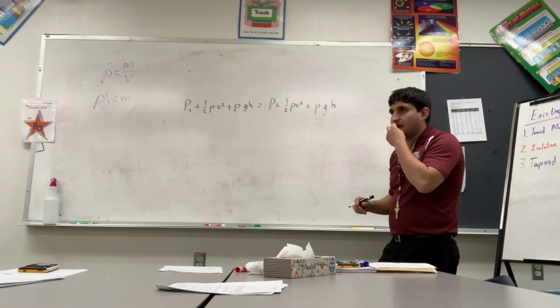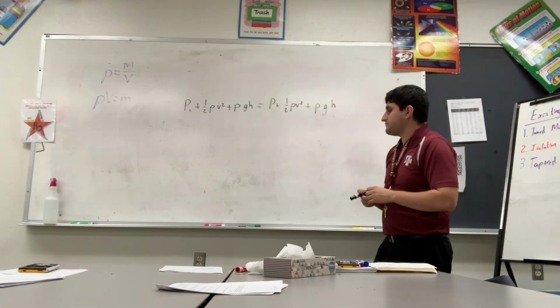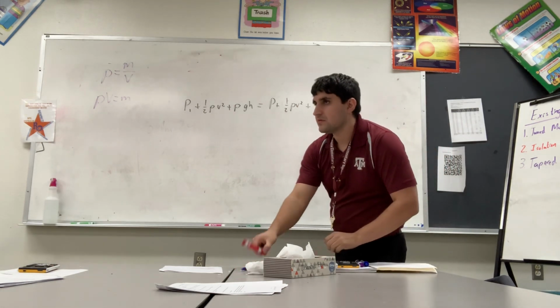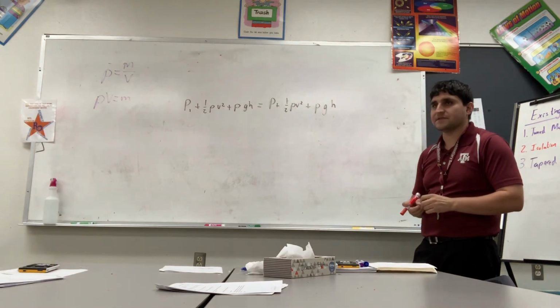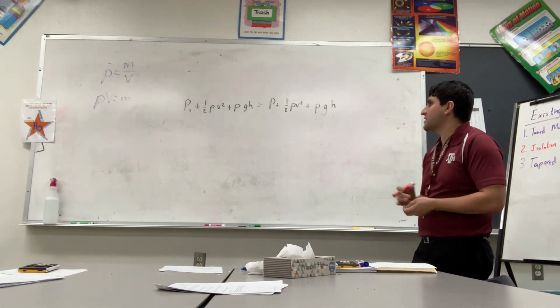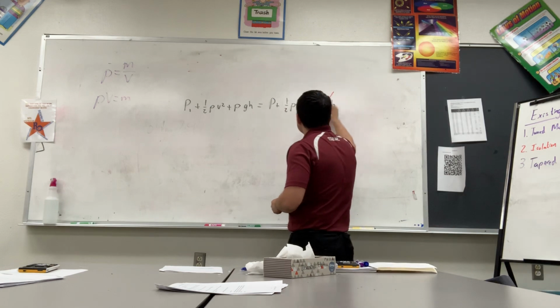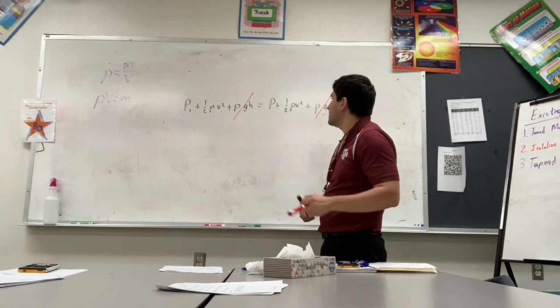So let's pause for a moment right here. What can I do right here that I know based on the drawing that they gave us? They have the same height, so what can I start canceling out? Canceling out the PGH.